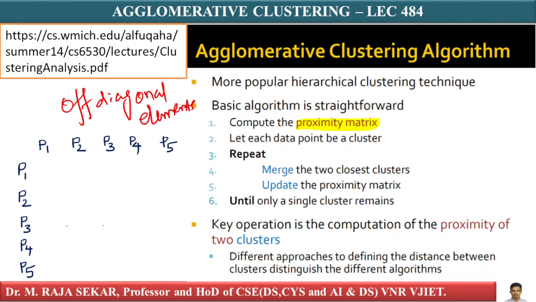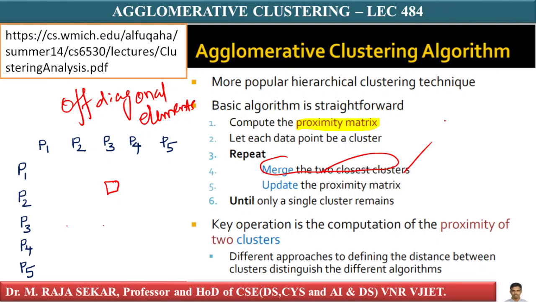If you see that the distance, or the similarity, between p2 and p3 is small compared to all other values in this particular matrix, then you group them. If the distance is small, you merge them into one large cluster. That's what it says.